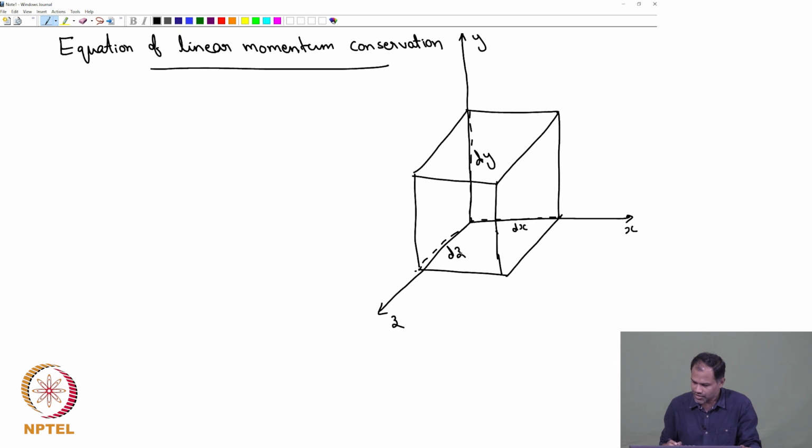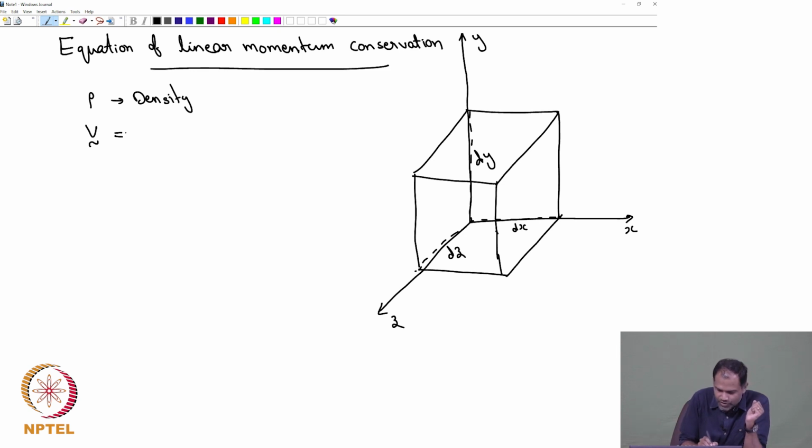These are the three lengths, and what we are going to say is that the fluid has a density rho, and let us say v is the velocity of the fluid.